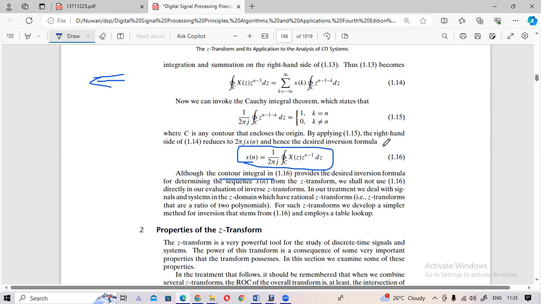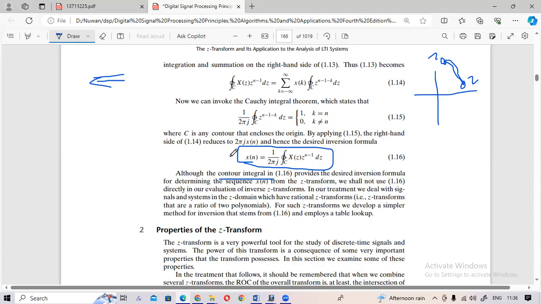That means you have to do the integration along a path from one complex variable to another complex variable. That kind of idea is the contour integral, which is somewhat complex.